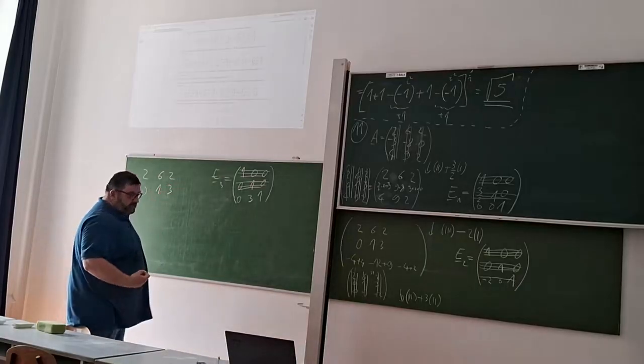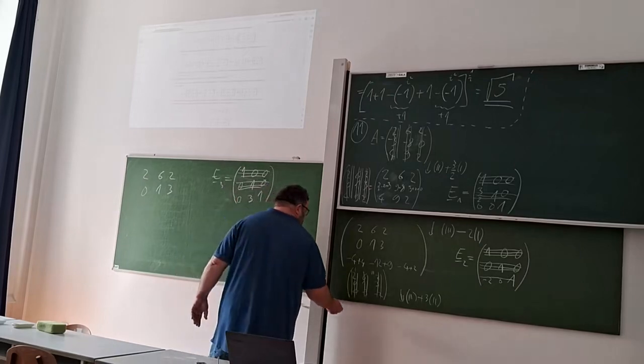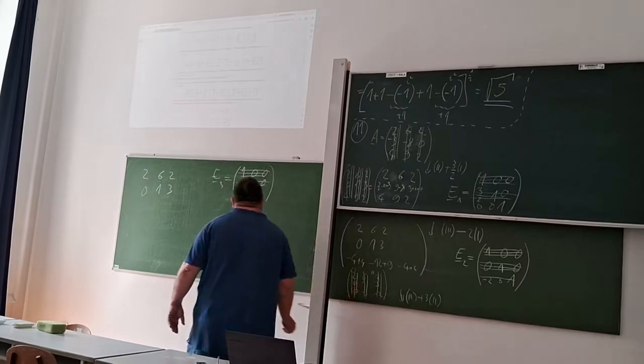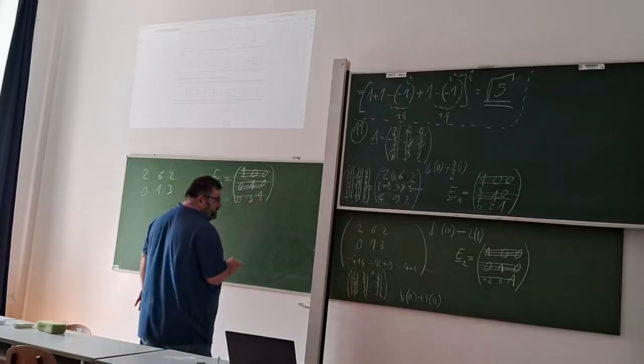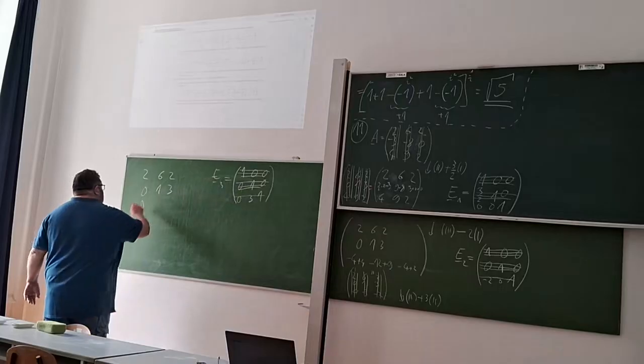Now the interesting part comes. Multiply this and this, it means 0, that's great.